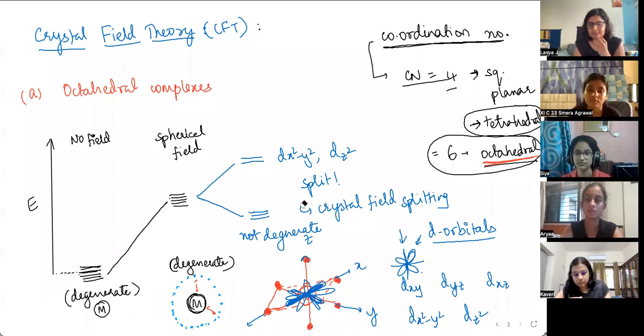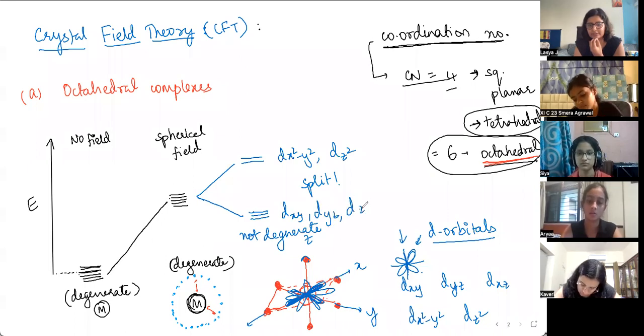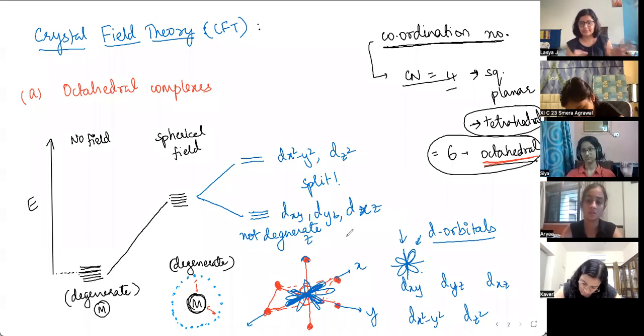So we'll talk about crystal field splitting later. I'll give you the proper definition. Okay, this will be dxy, dyz, and dxz. So this split occurs.